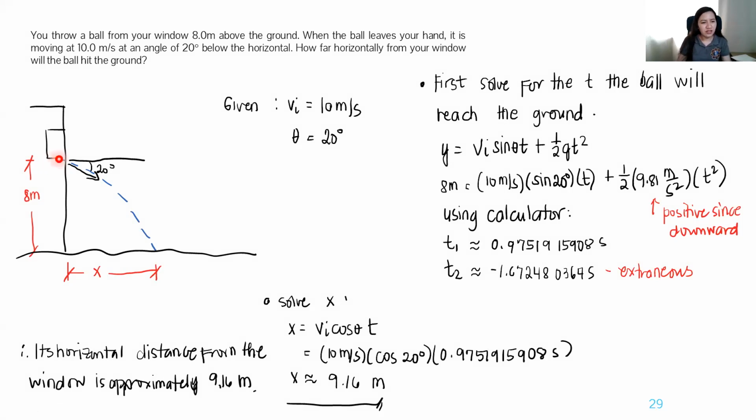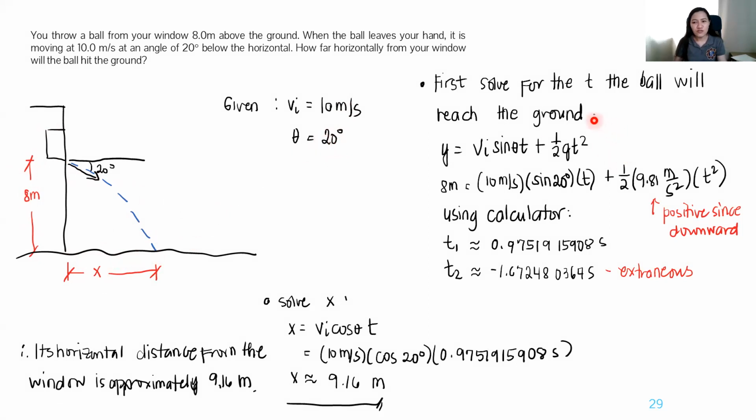So, let's say that your window is here, it's 8 meters above the ground, so it's now directed downward. Okay. So what we see is how far horizontally from your window it reaches the ground. So, we have the initial velocity and our launch angle is 20 degrees, but it's now downward.